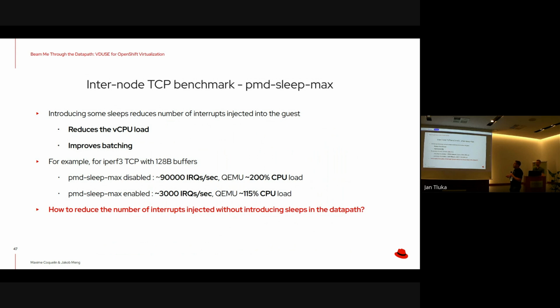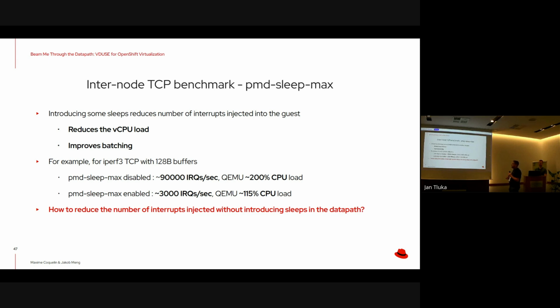We did some profiling with small buffers, where when PMD sleep max is enabled, we have better performance than when it is disabled. We can see that when this option is enabled, we reduce the number of interrupts by a factor of 30, and the CPU load is half. So we get better performance with a smaller number of interrupts and a lower CPU load.